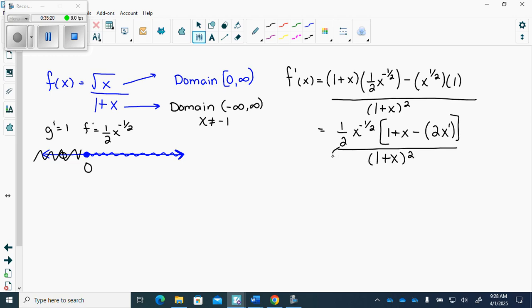Now remember, the 2 can drop to the denominator. The x to the negative a half can drop to the denominator. So in the top, we're left with 1 plus x minus 2x. So that's 1 minus x in the top. All over. 2 drops to the denominator. x to the half drops to the denominator. x to the negative half becomes x to the half. And then we get 1 plus x squared.